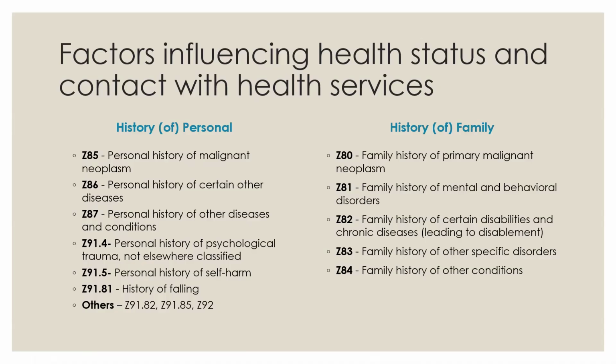For family history, Z80, 81, 82, 83, and 84, all of these are listed on the screen. I'm not going to go through them individually, but you can also find these codes in the ICD-10 book in the Z code section.